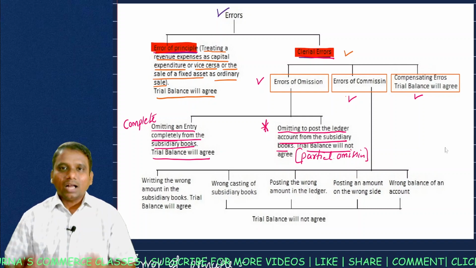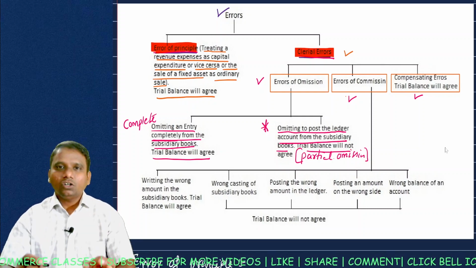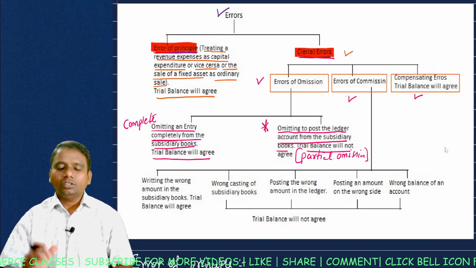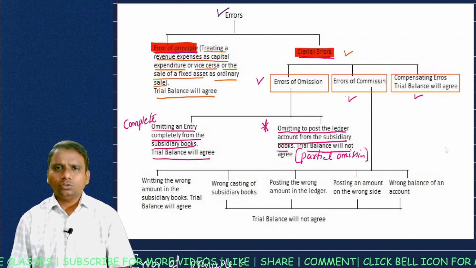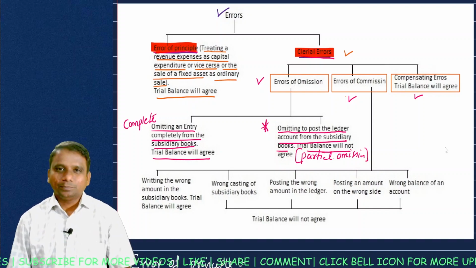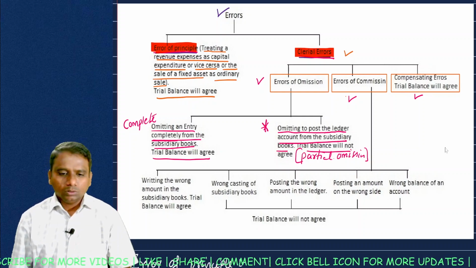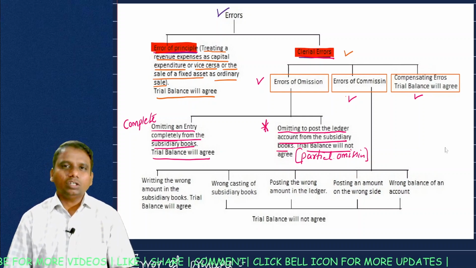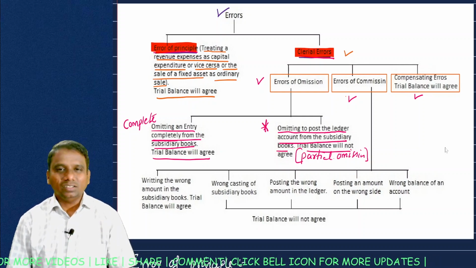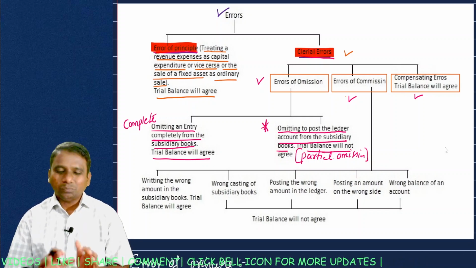Why? Because under a computerized accounting system, the moment you record the entry in the computer, the moment you give the debit and credit accounts to the computer, the computer will post into those accounts automatically. So partial omission is not possible under a computerized accounting environment, but under a manual system it is possible.